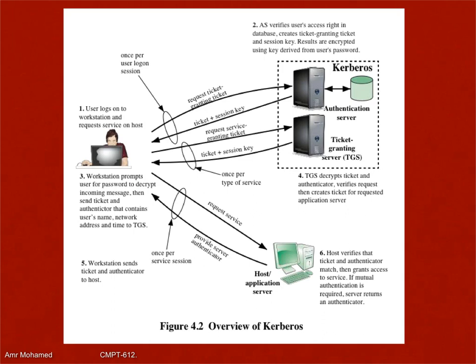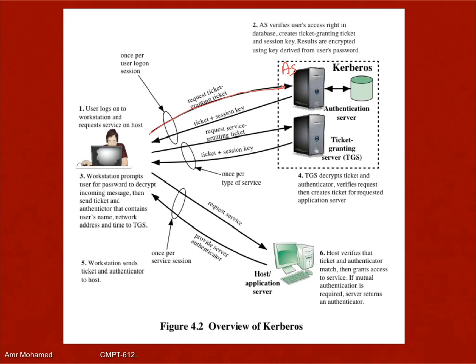All right, so we've talked about the elementary requirements for these types of systems. So again, here we have a user who wants to log on to a workstation and have access to different servers in this distributed system. So Kerberos actually divides this into 3 stages. First is that the user has to present his or her credentials to the authentication server.